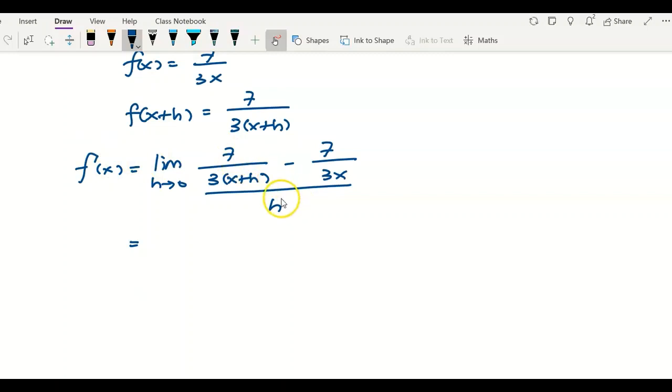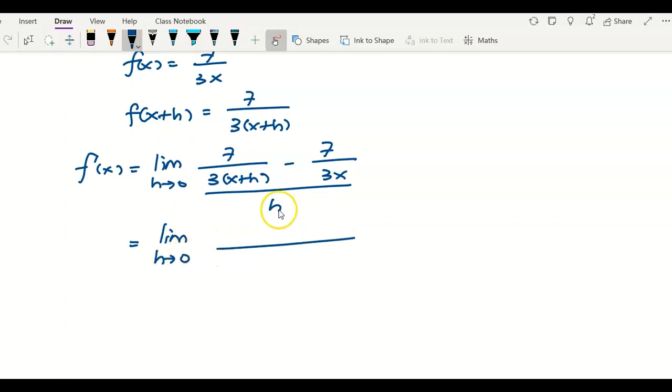To simplify it, if we use direct substitution, h equals 0 into the formula, we will get something over 0, which will make our formula undefined. So I need to find an h on top so that it can cancel off with the h below. First of all, we may equate the denominator.